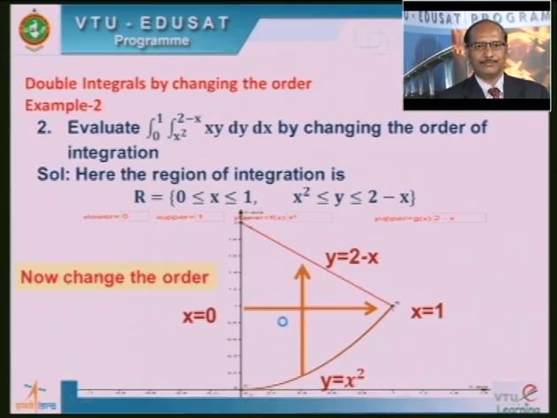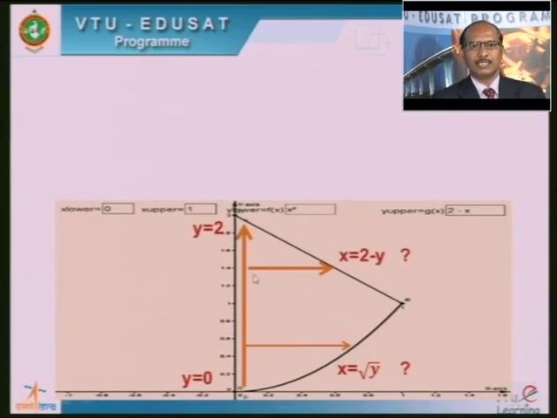Then what to do here? From the same figure, the y limits are fixed, 0 to 2, there is no change in the y limits. The lower limit of x is fixed, x equal to 0, but there is a problem in finding the upper limit. If you take it this way, it is root y, and this way it is 2 minus y.